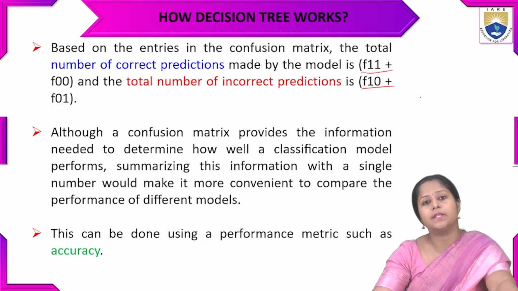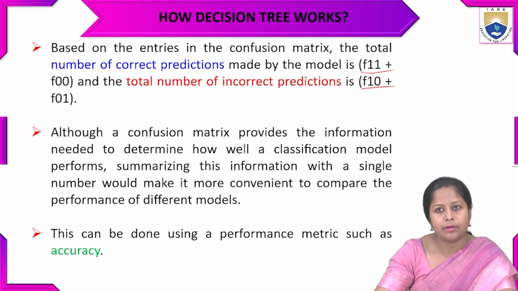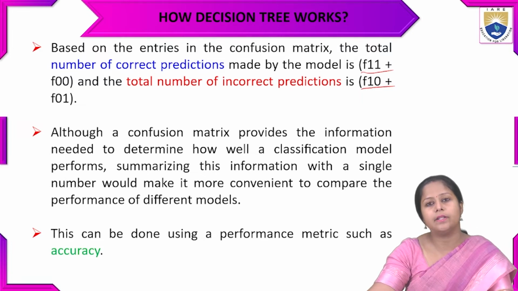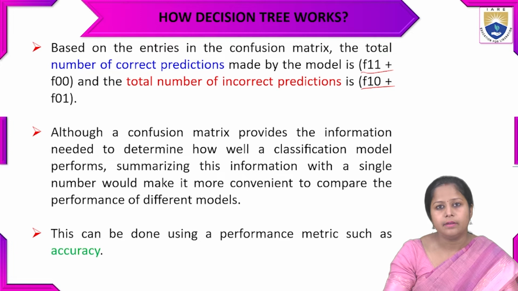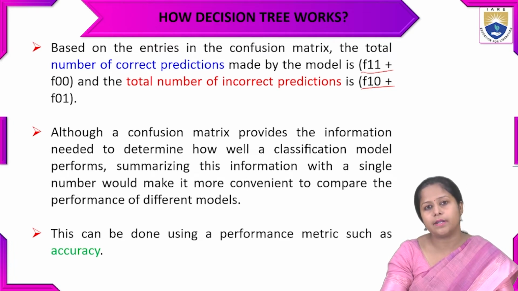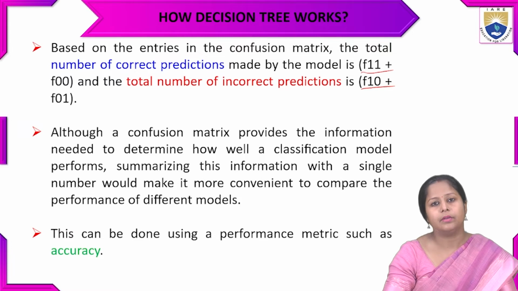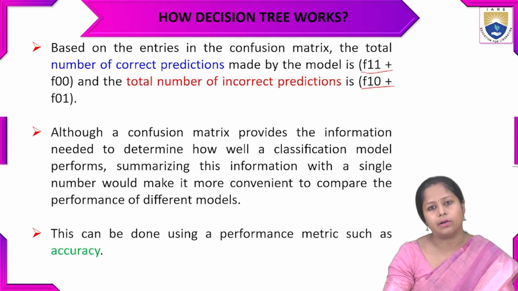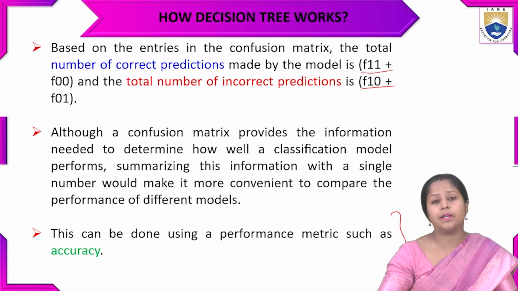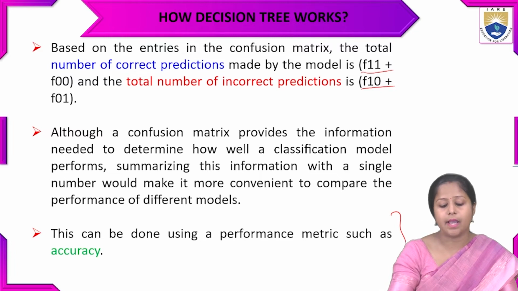On the basis of this small table, the confusion matrix, we determine whether the model predicts accurately, how accurate the model is, and whether the model is good or not. Summarizing the information in a single value is more convenient for understanding the particular model, and on that basis we can compare other models also. This can be done using a performance metric, that is, the accuracy.